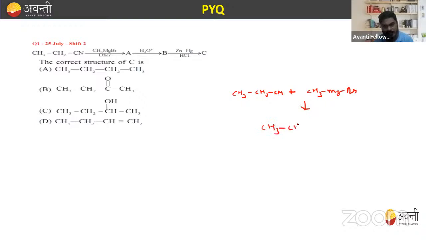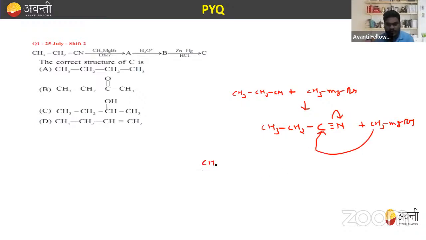So in this, CH3CH2, and this is nothing but C triple bond N, right? So in this, what takes place? We want to know, because N is much more electronegative, so here the carbon comes into the support, right? So CH3, Mg and Br. This CH3 will attack here.